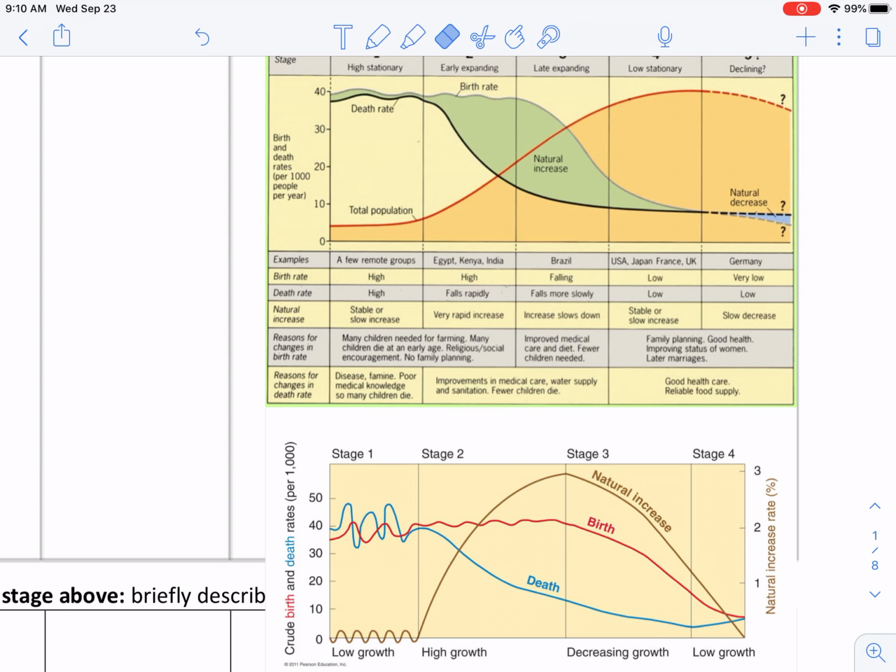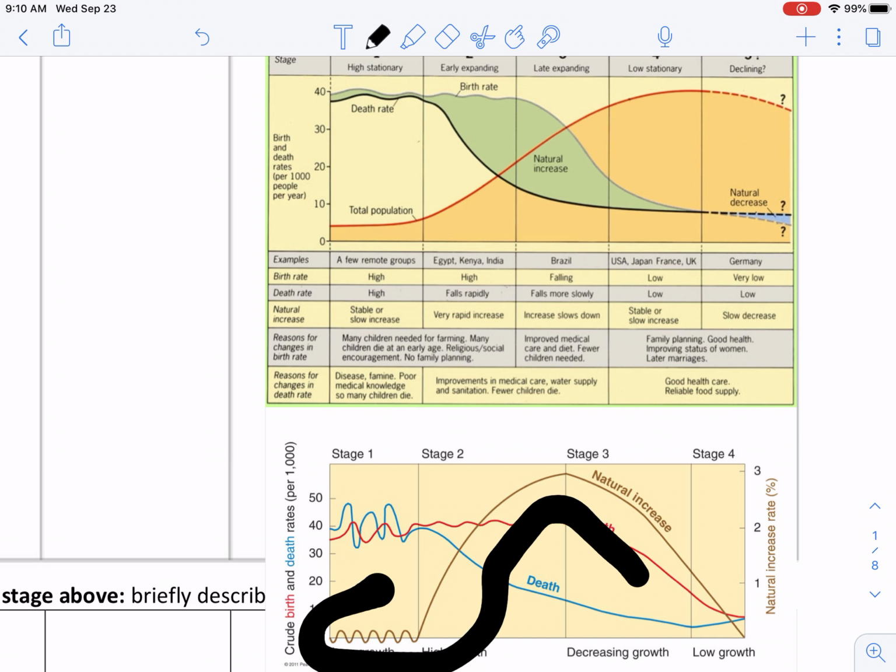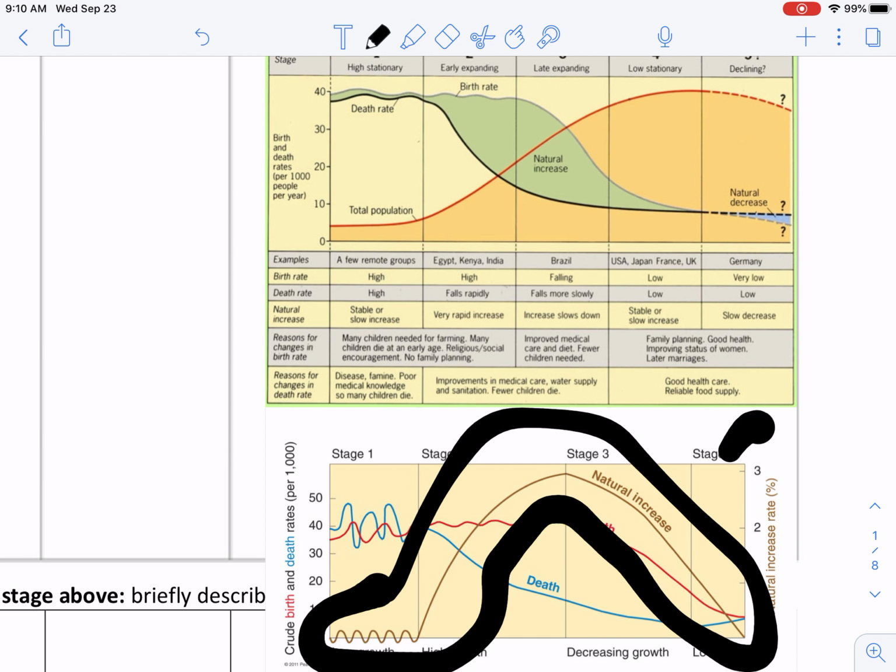However, the graphic from my notes shows the natural increase rate and uses this scale over on the right-hand side to indicate the percentage of change in the natural increase rate.